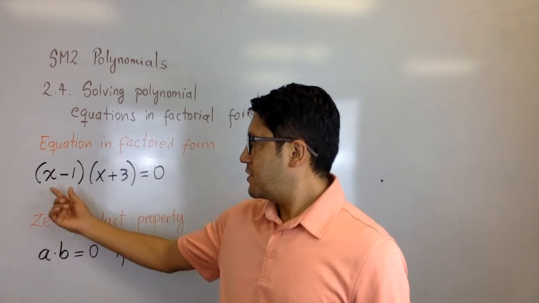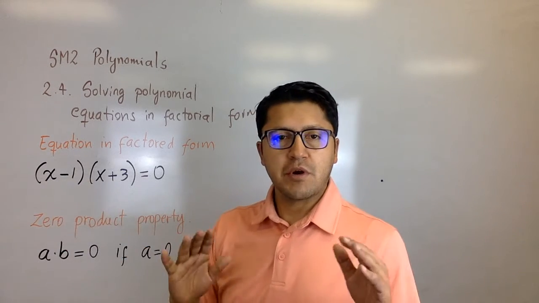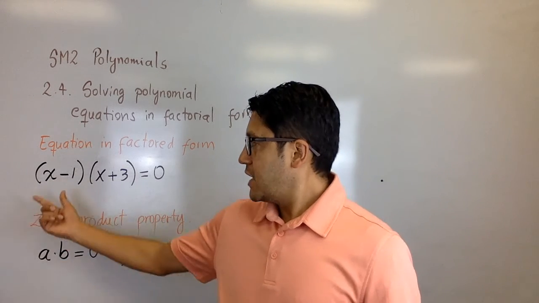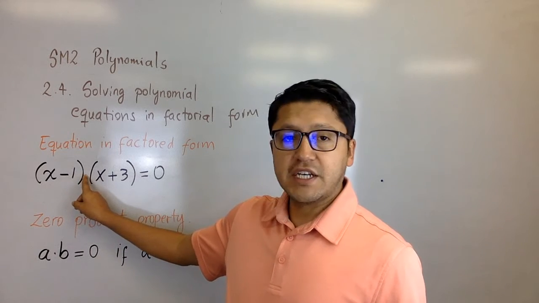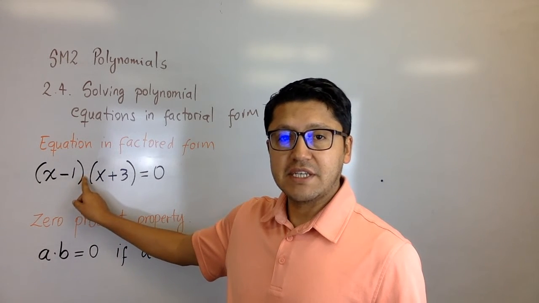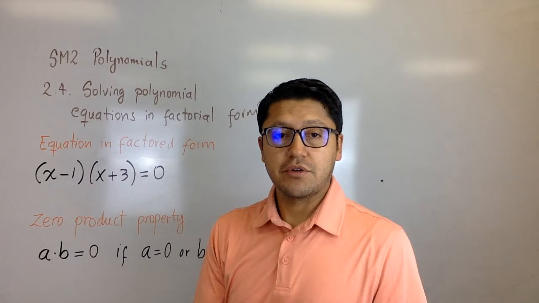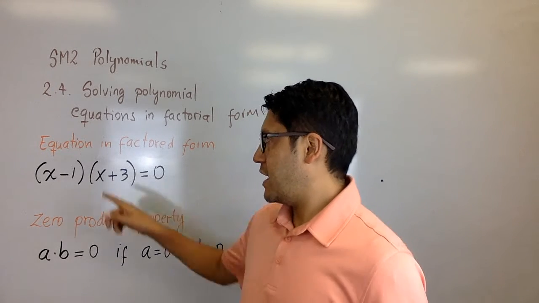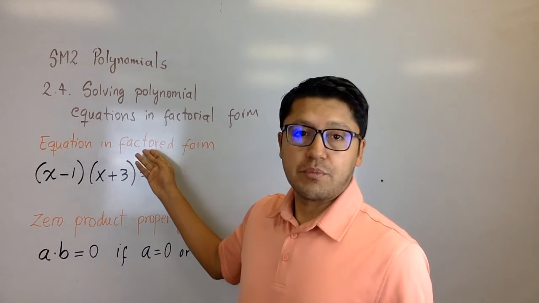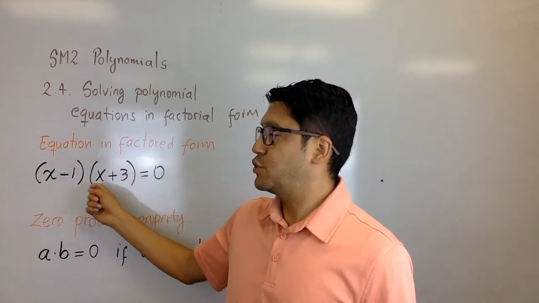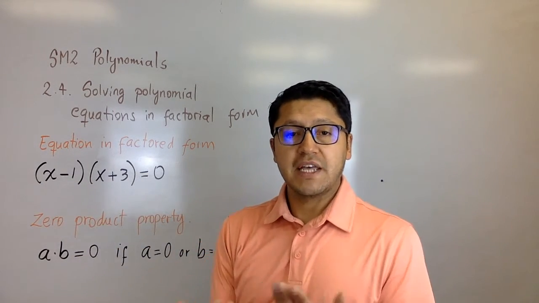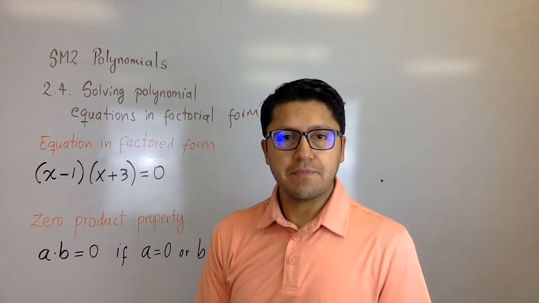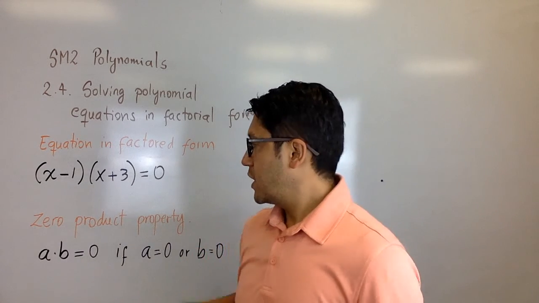As you can see, there are two expressions. Both of them are inside parentheses. This expression is next to this other one. That means that they are being multiplied. They're multiplying each other. This is what makes me understand that I have this equation in what we call the factored form, because we have two expressions, one multiplying the other. They're factors, okay?